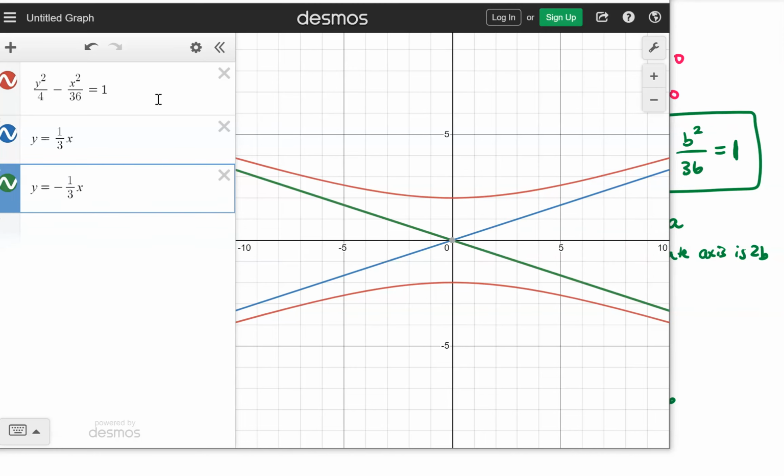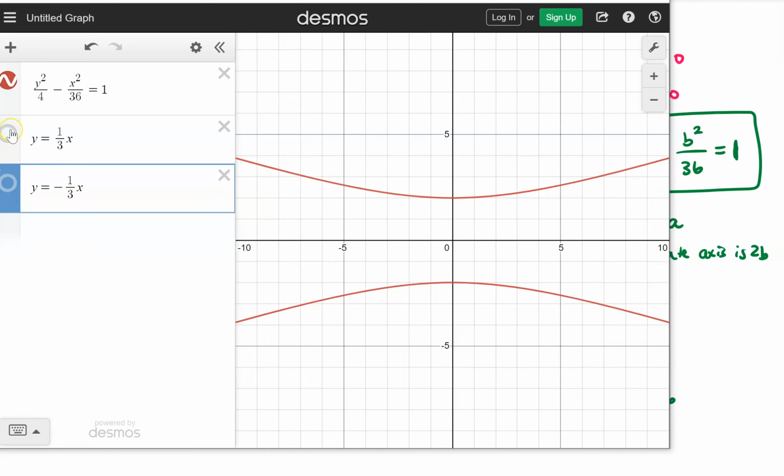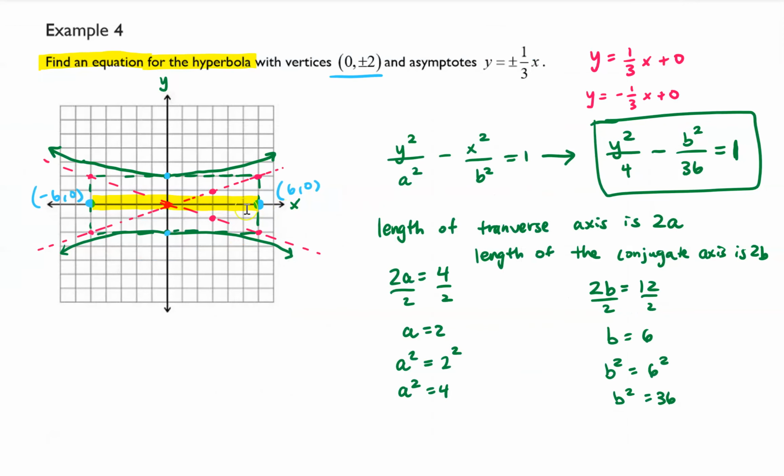Notice that the graph is hugging those asymptotes. Also remember, the asymptotes are not actually part of our graph, so when you are graphing them on paper, the asymptotes would be dashed lines instead of solid lines. The only real part of our graph are these two portions here. So that matches with what we have here, and that concludes example 4.